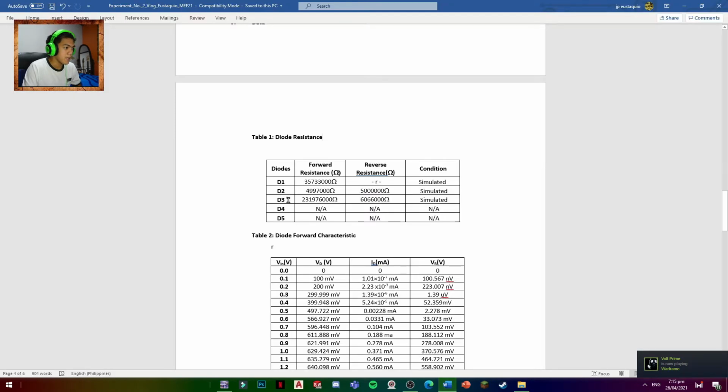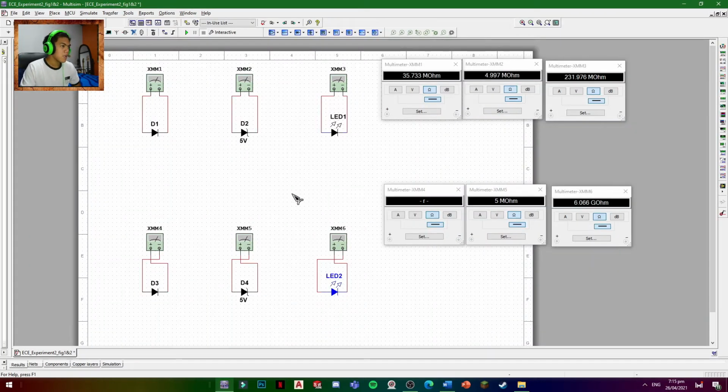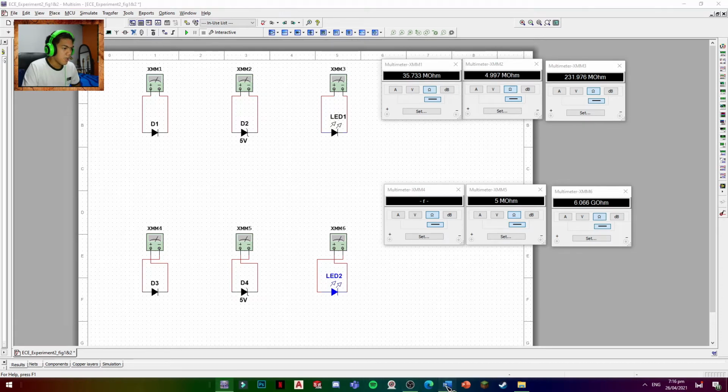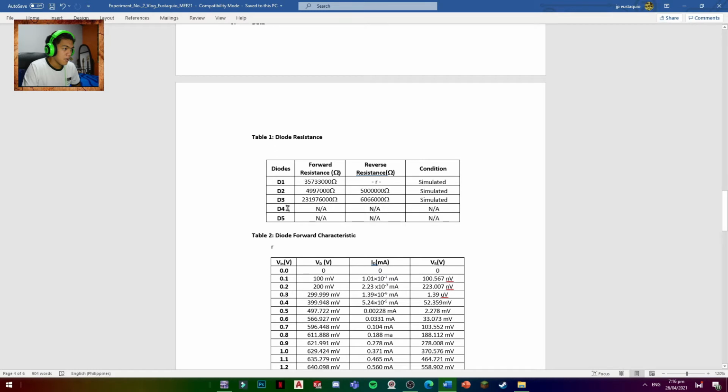And in D3, it is 231 megaohms. Since, as shown in figures 1 and 2, there are only 3 diodes given in the experiment file, I leave D4 and D5 blank. So that's it for the forward resistance.